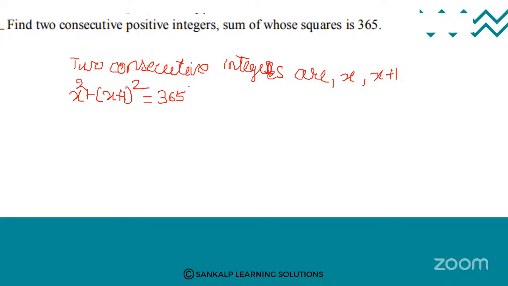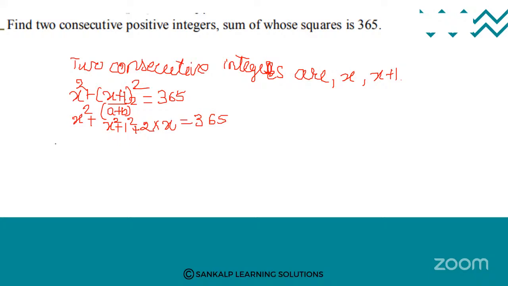So x square plus x plus 1 whole square. This is of the form a plus b whole square, that is a square plus b square plus 2ab. A square is x square, b square is 1 square, so 2ab is 2x, is equal to 365.